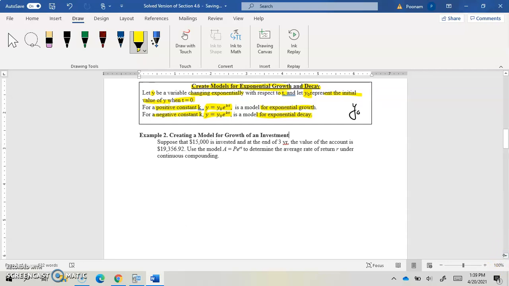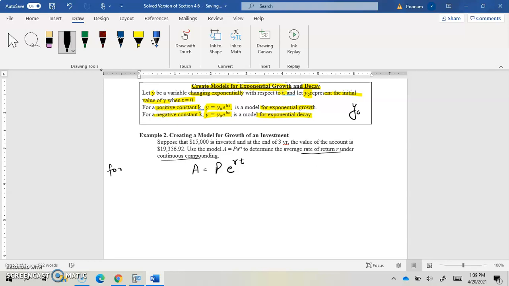Suppose that 15,000 is invested and at the end of 3 years the value of the account is 19,356.92. Use the model A, amount, is equal to principal times e raised to power rt to determine the average rate of return under continuous compounding.